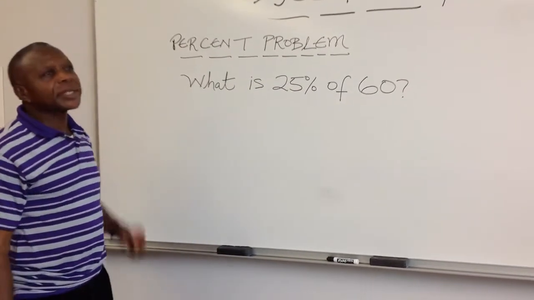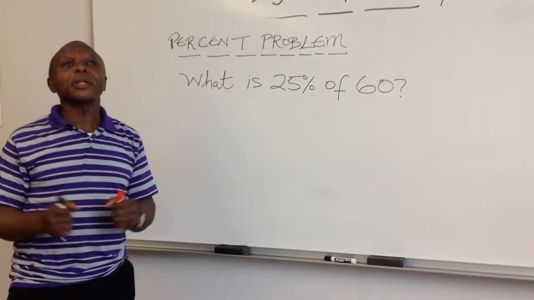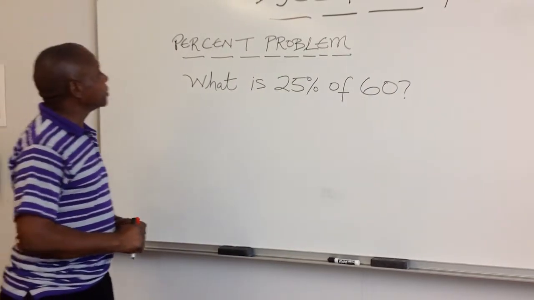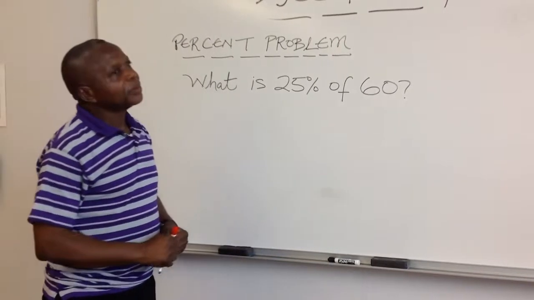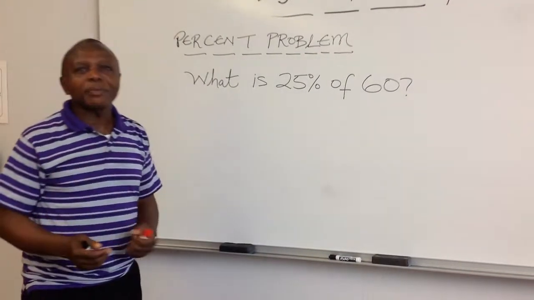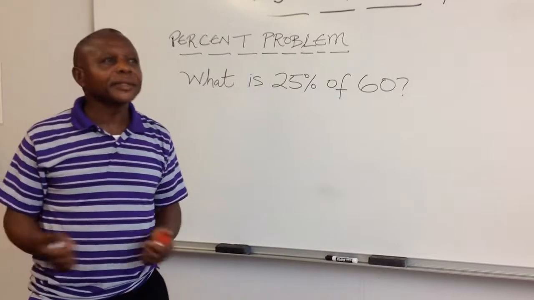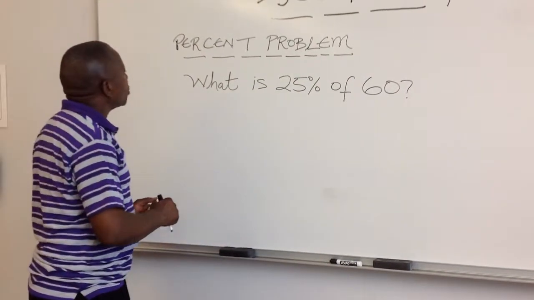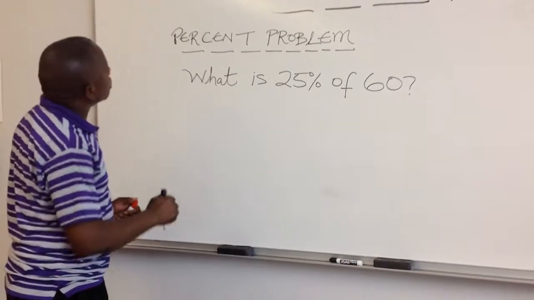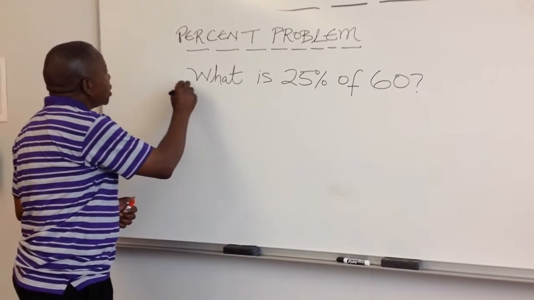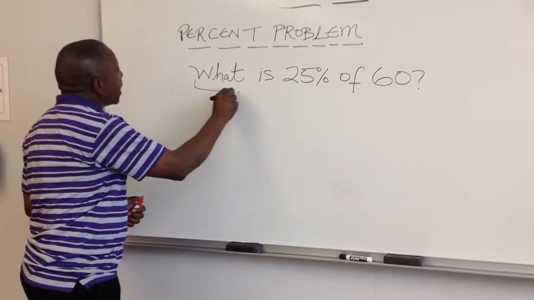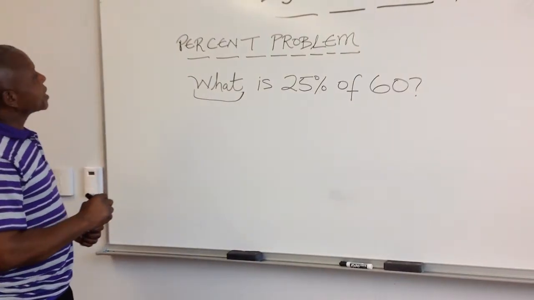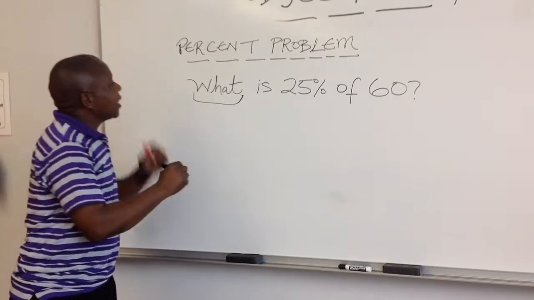Let us start with what we call the equation method. The equation method. How does the equation method work? Let us see. First, let us note that whenever you see what, it represents a variable.